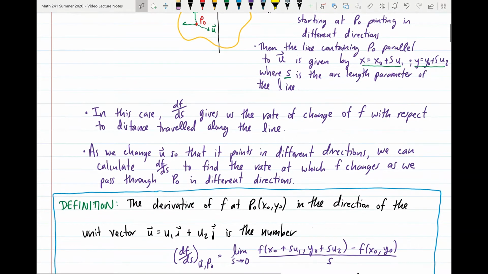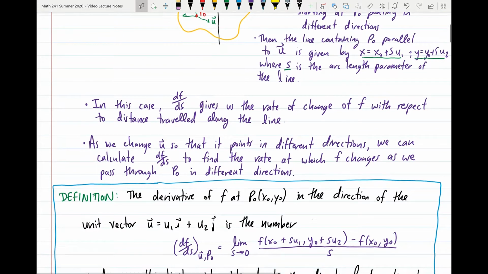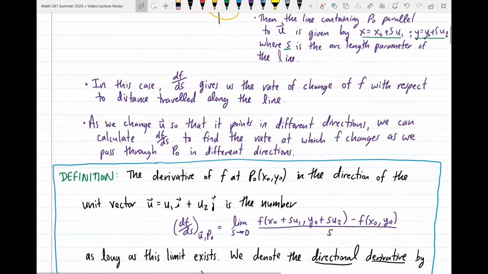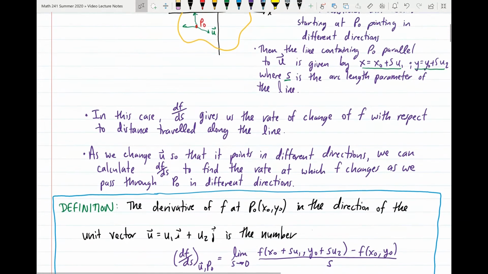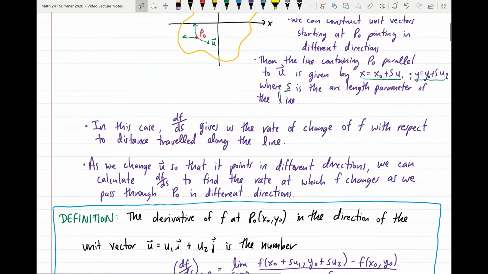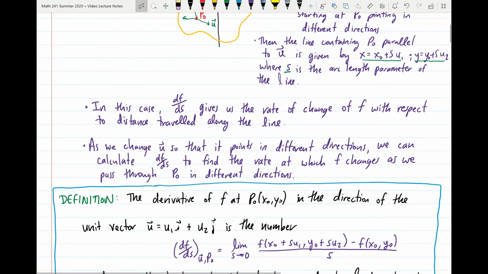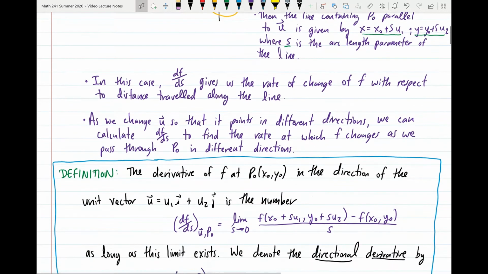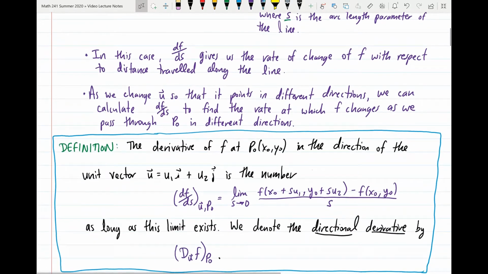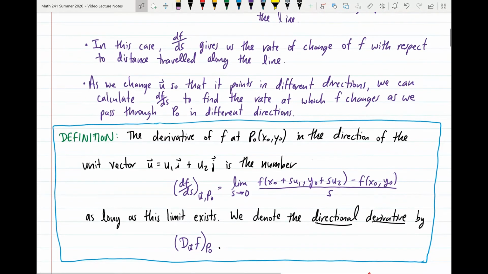With a directional derivative, this gives us the ability to approach the point in all kinds of different directions, along any different direction. And we're going to get unique slopes for the tangent lines as we approach from different directions. So slopes that are different than even just the partial derivative with respect to x or y.